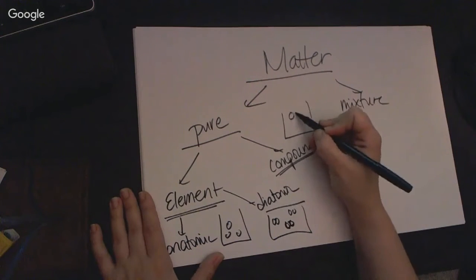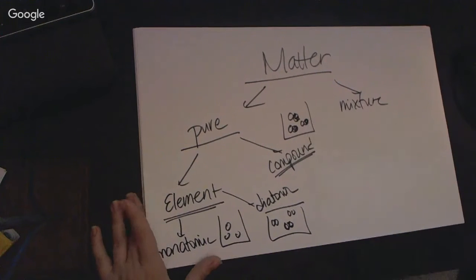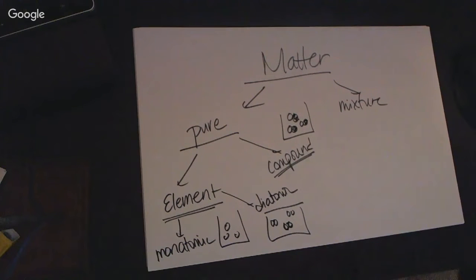Compounds are going to be two or more different atoms bonded together, but they are still considered pure because they have two or more different atoms chemically bonded together.